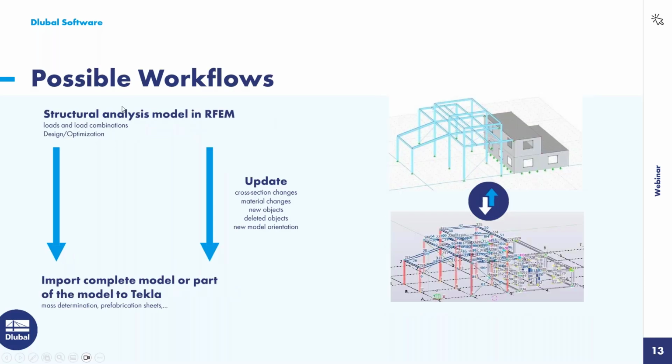The third possible workflow is taking a structural analysis model from RFEM that you've modeled and created with some loads and design and optimization, and then that can be imported. The complete model can be imported to Tekla or only part of it, and then you can continuously update that Tekla model as you make changes such as sections and materials, etc.